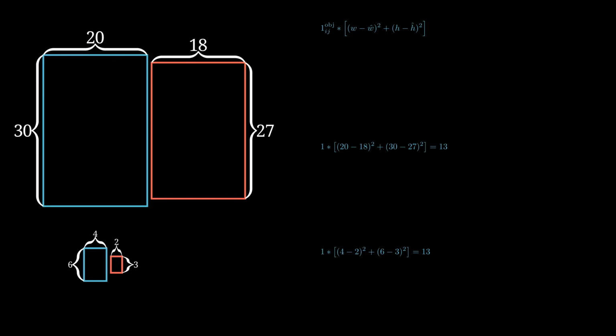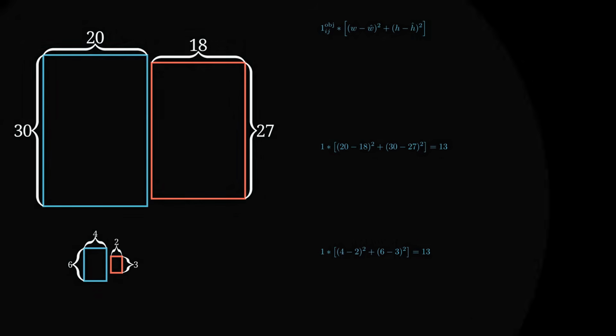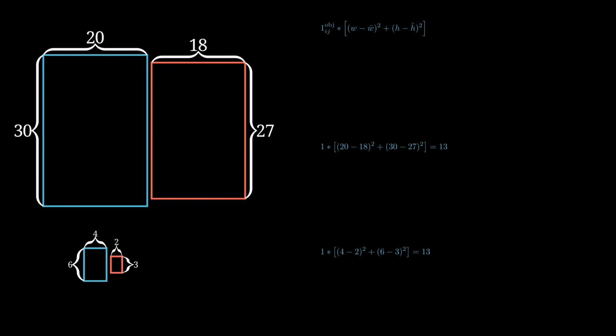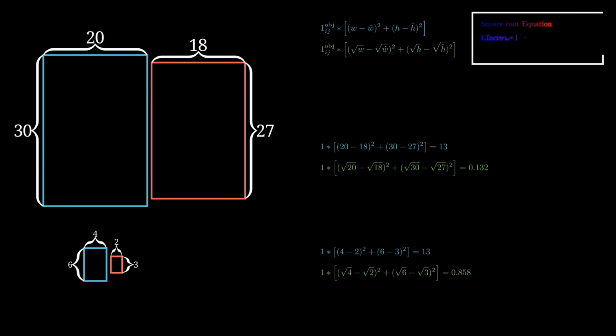Now, if we calculate the loss for both bounding boxes, the total loss will be the same, but we can clearly see that the first box is almost accurate, and the second box is half the size of the ground truth box. So we want our neural network to focus more on this small box and predict it more accurately. By taking the underroot of the width and height, we can give more focus to small bounding boxes, so we can get more accurate bounding boxes for small objects also, where it previously was focused on large bounding boxes.